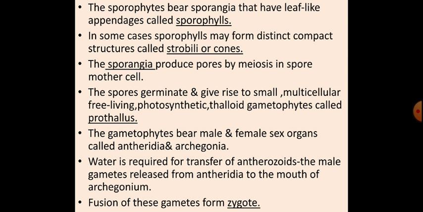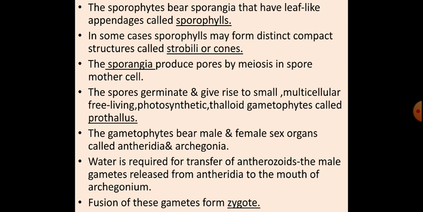I said the plant body is a sporophyte. Later it will get converted into gametophyte. See how the process takes place. The sporophytic plant body bears sporangia that bear sporophylls. Now this sporangia produce spores by meiosis. They undergo a division called meiosis to produce spores in the spore mother cell.